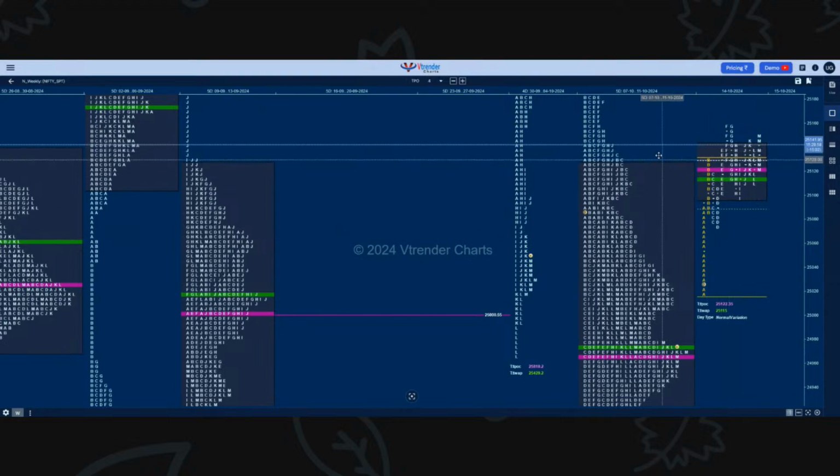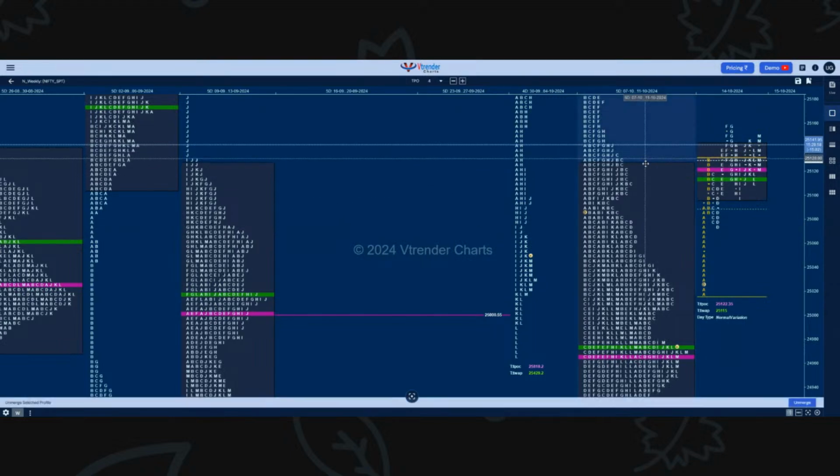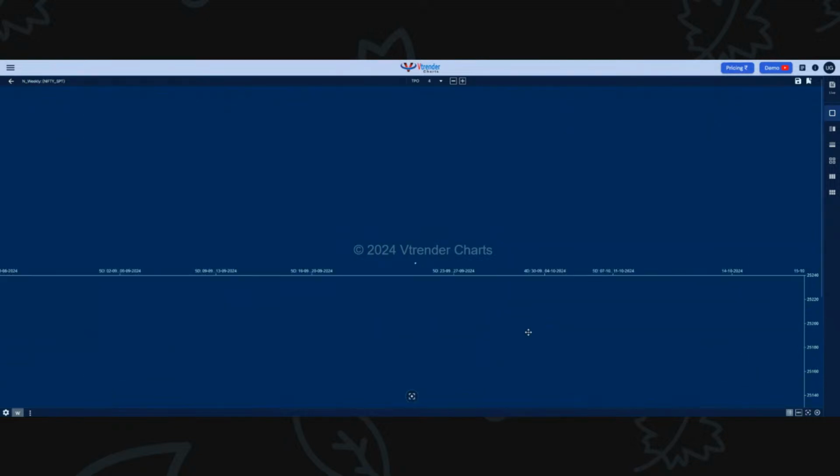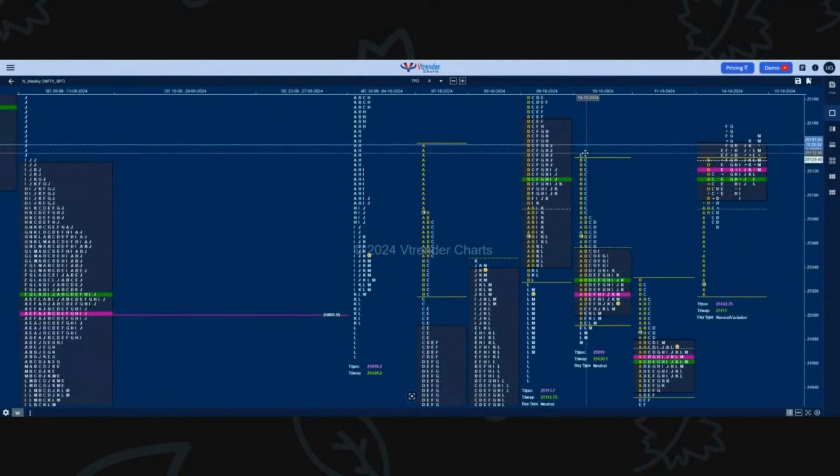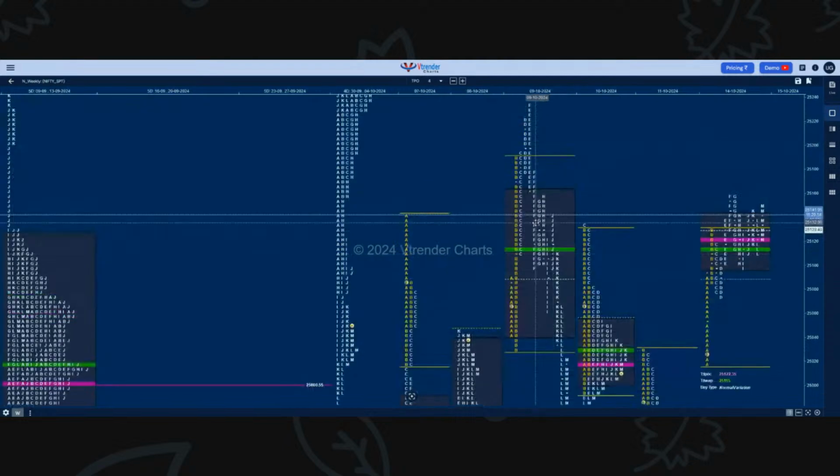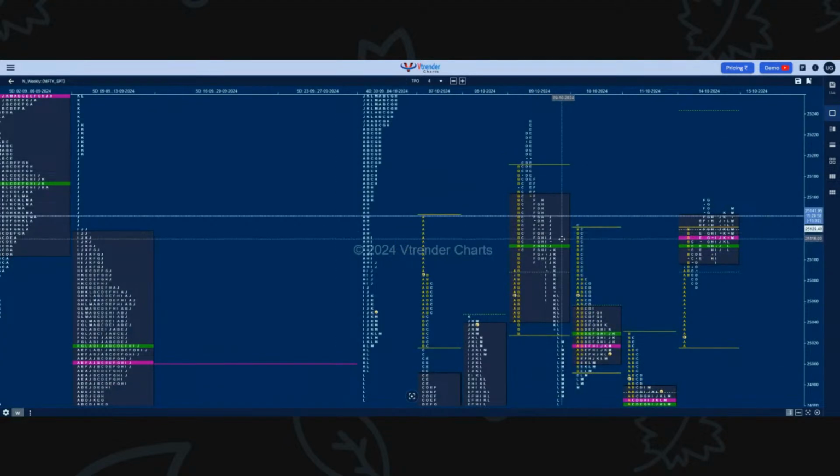And we went on to tag that failed auction. If I unmerge this weekly profile, we can mark those failed auctions. So this was that sell side play which happened on 10th and we got a failed auction there. So we went on to get above this failed auction. But again, as the 9th of October was also a clear sell side dominated profile, we were getting supply coming back.